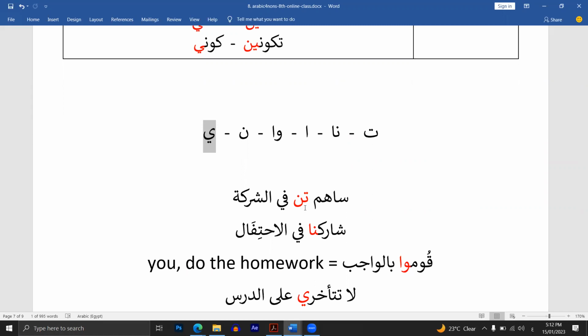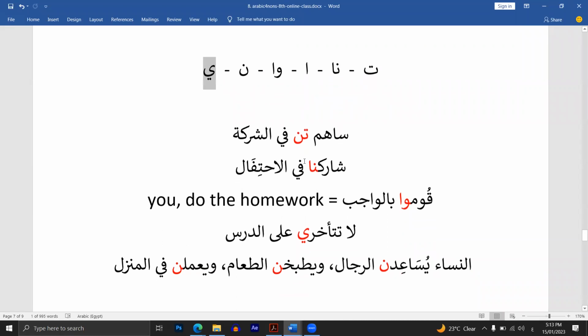Why? Because they only join verbs. They cannot join nouns, prepositions, or anything else. So once you see them in the sentence, directly they will be subjective pronouns, or what we call ضمير الفاعل. So they will be the subject of the verbal sentence we are talking about.